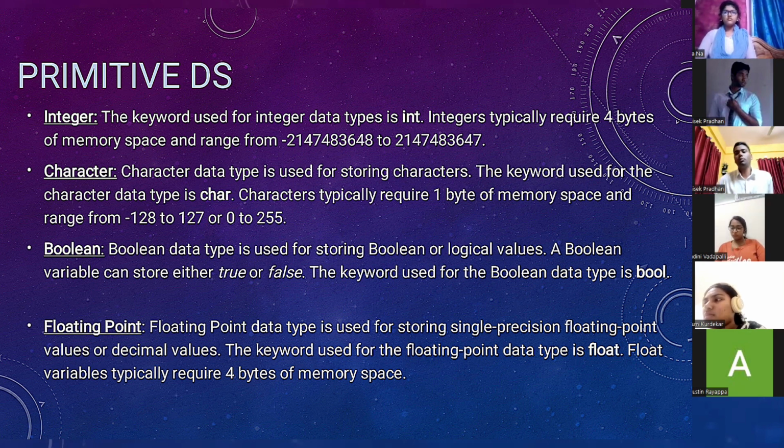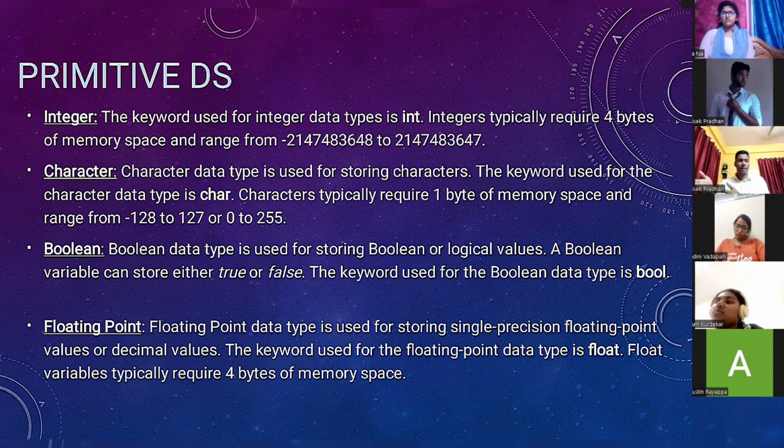Now talking about Boolean. Boolean will store only 2 values. It can be either true or false. For example, you have this condition: is 2 plus 4 equal to 6? Now what will be the answer? The answer should be true. In that situation, the user doesn't want me to store the result 6.